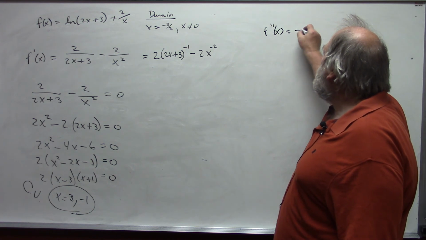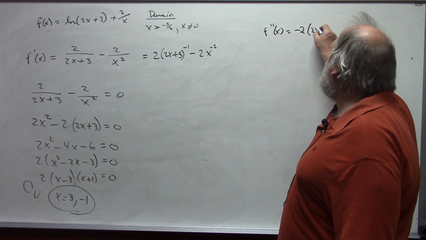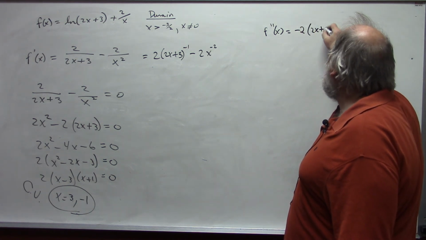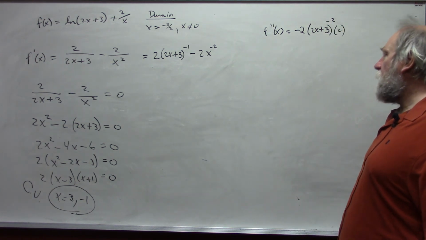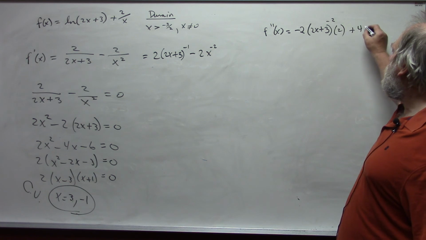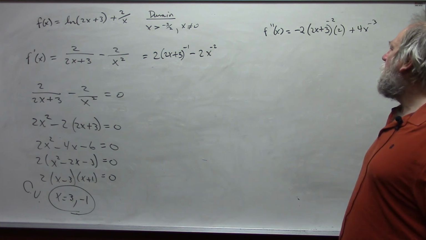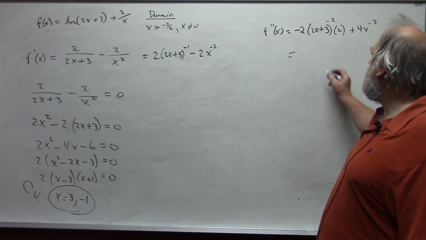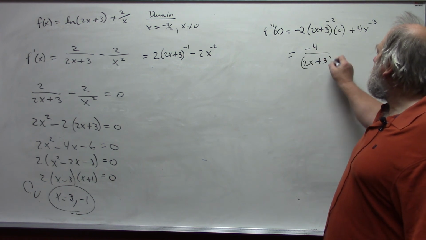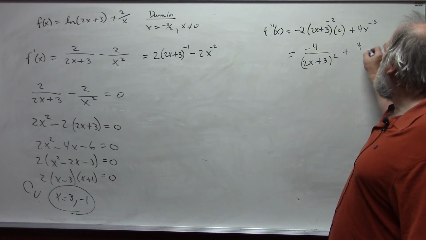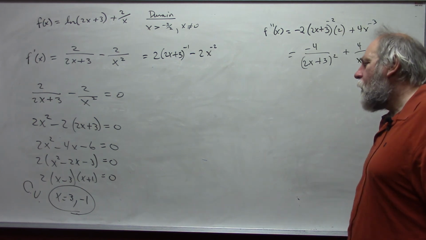The derivative is negative (2x plus 3) to the negative 2 times 2, chain, plus 4x to the negative 3, or now I'll rewrite it, negative 4 over (2x plus 3) squared plus 4 over x cubed.